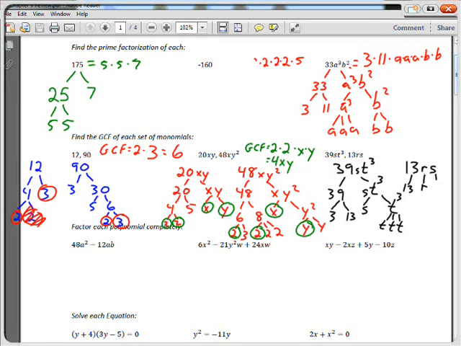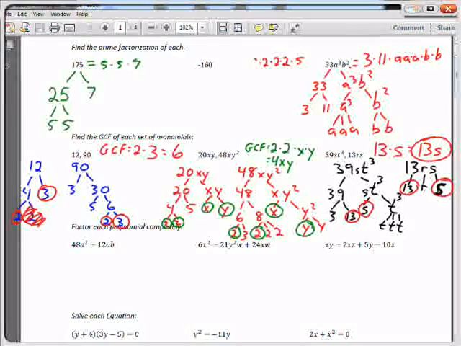Then I've got an r, and I've got an s. And if I see everything they have in common, I've got a 13 in common, and I've got an s in common. And that is it. So 13s will be my greatest common factor.